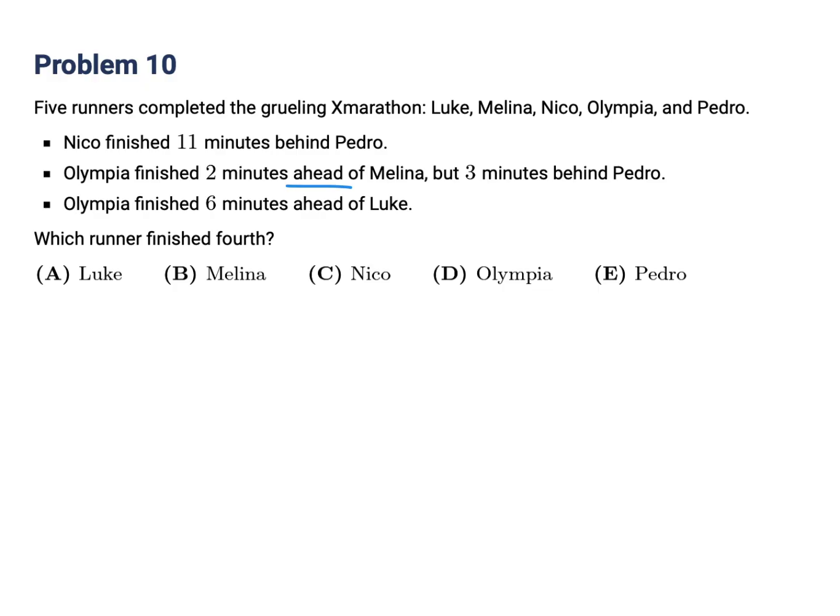Okay, so let's figure this out. Nico finished 11 minutes behind Pedro. So here's Nico, here's Pedro. And this is 11 minutes. So this is in the lead so far. Okay, Olympia finished 2 minutes ahead of... Okay, so Olympia is somewhere. 3 minutes behind Pedro, so this is 3. And then 2 minutes ahead of Melina.